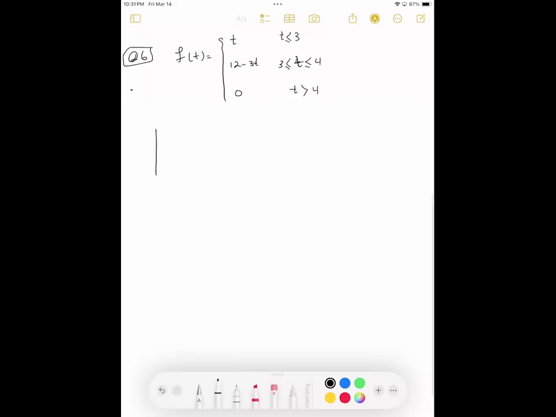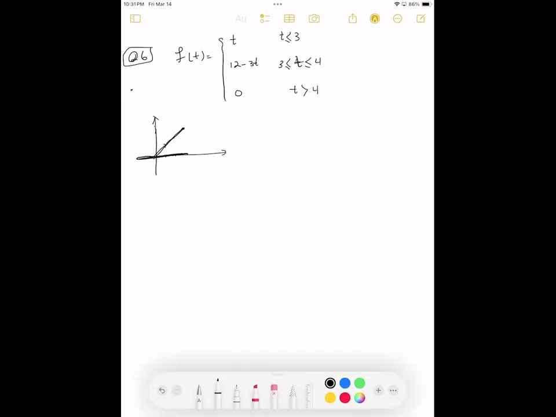So let's look at the graph again. For 0, 1, 2, and 3, for all these, we have t, so we just have the identity function. That's 1, 2, and 3. We go like that.